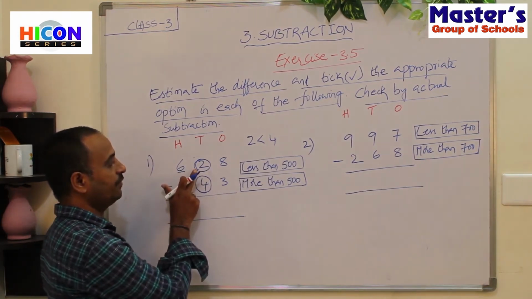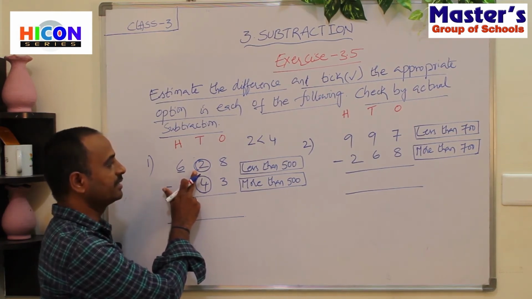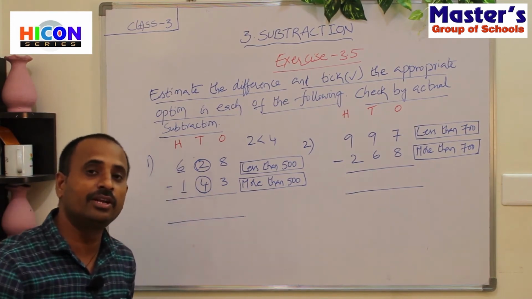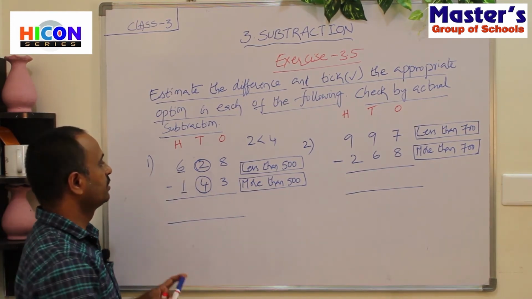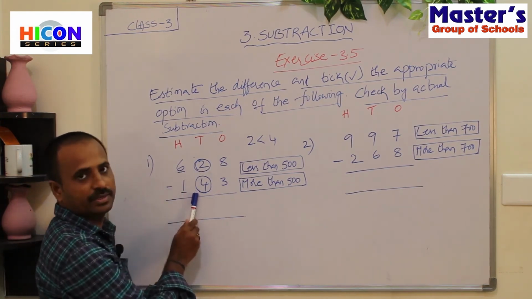So if the first number has a smaller digit, then it is less than 500. I have already told you a technique. First check the second digit in both the numbers.